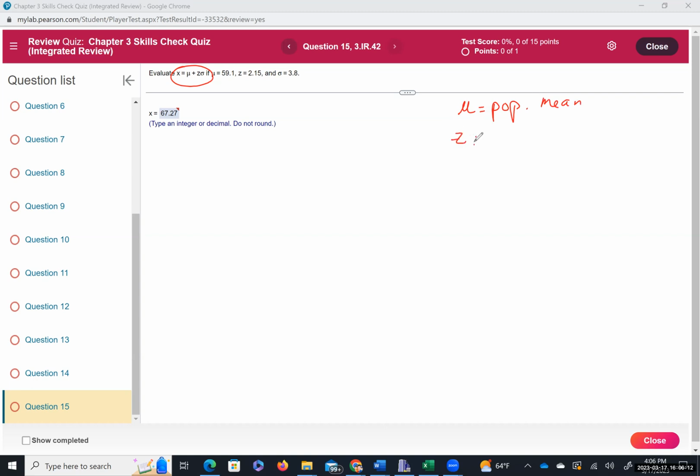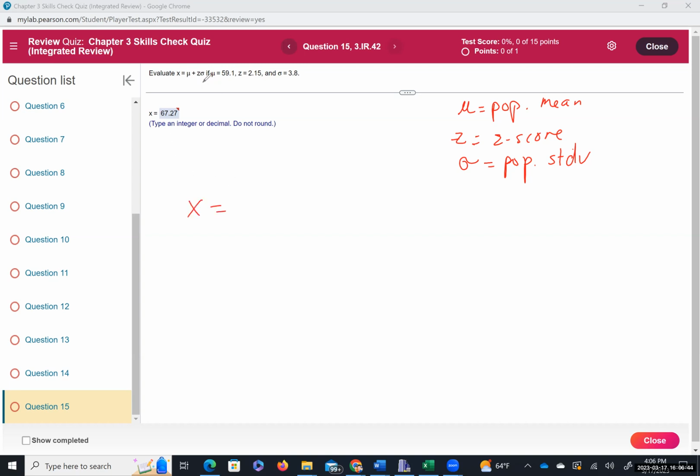Z here is the z-score, right? And sigma here is the population standard deviation. But in this quiz, we don't really worry about the meaning of that, because we are given all the values here, we just substitute them.